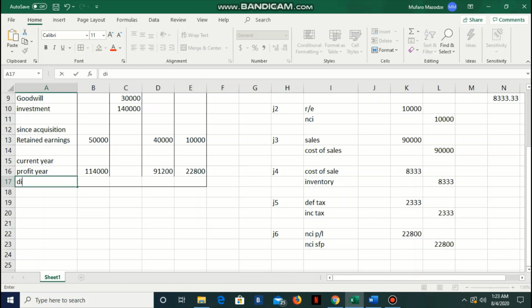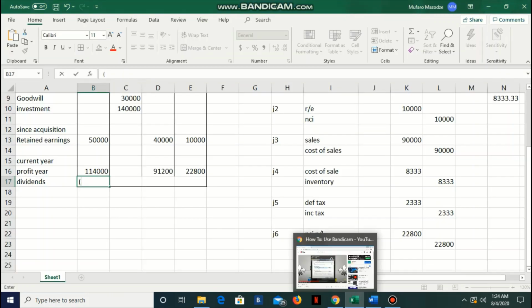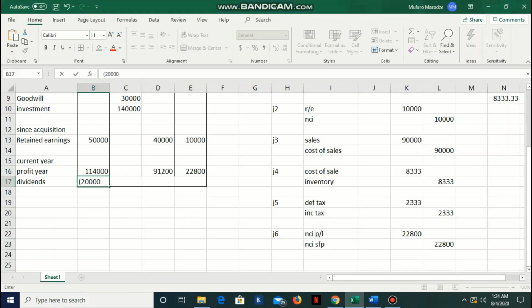And then the dividends paid. So this is what the dividends that the sub paid, and that was 20,000 rand. Let me just double check. Sub declared and paid dividends of 20,000 rand. I'm gonna put 20,000 rand here and multiplied by 0.8, that's 16,000.